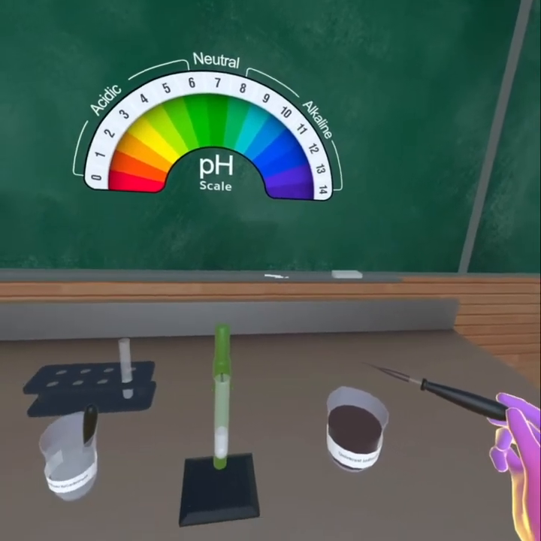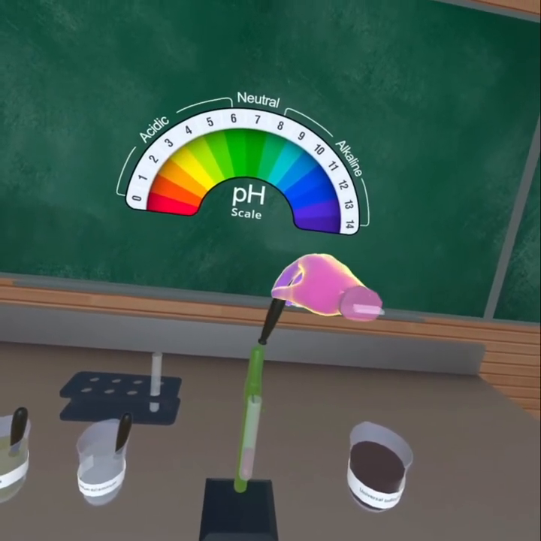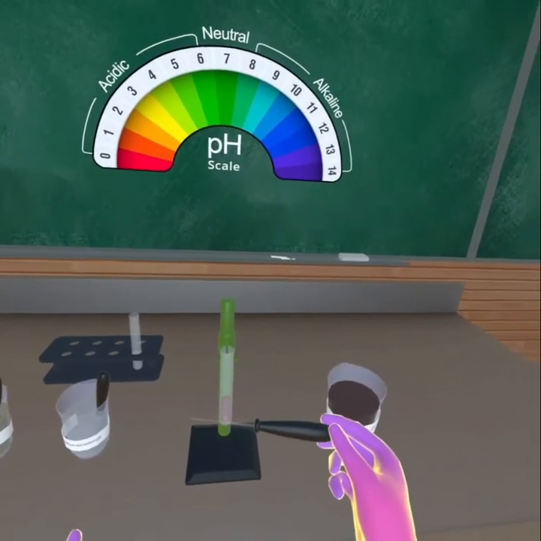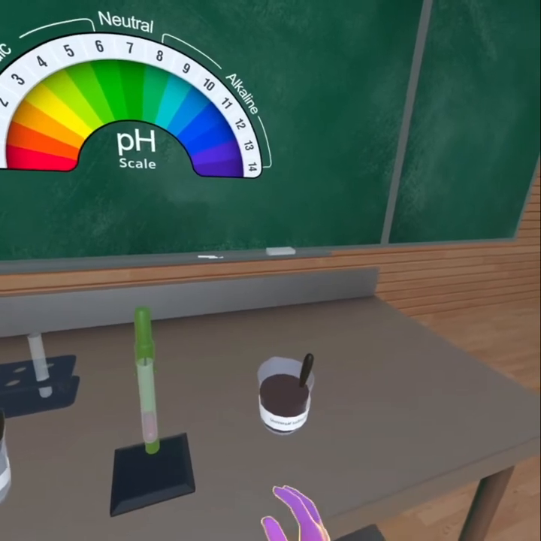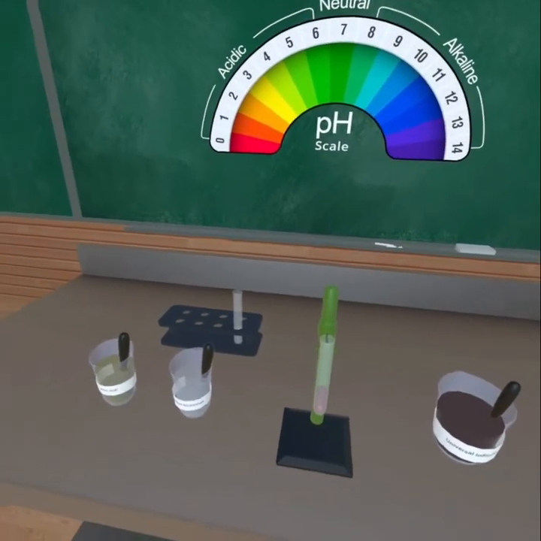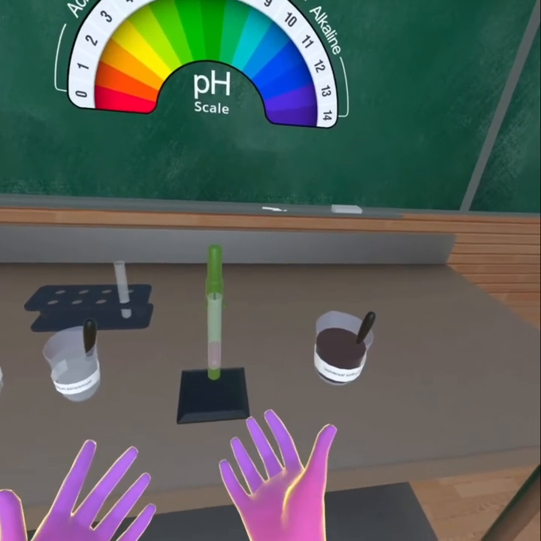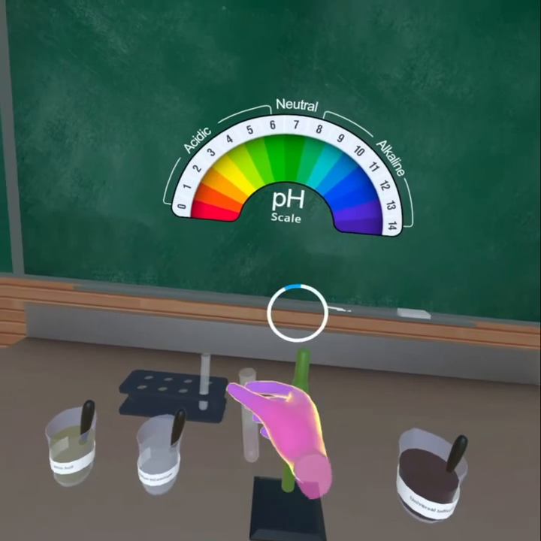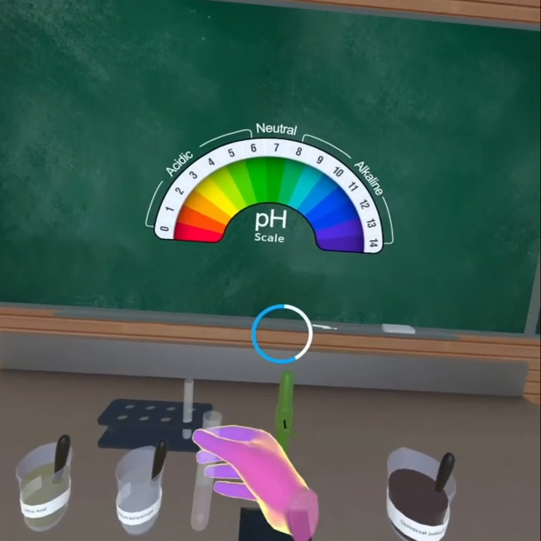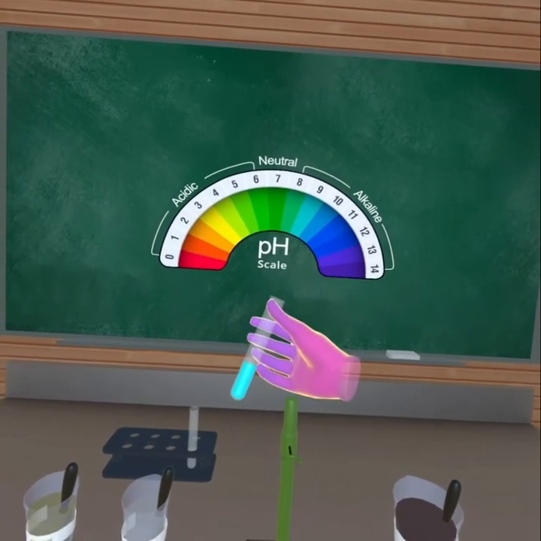Well done! Great work! Grab the test tube. Nice work!